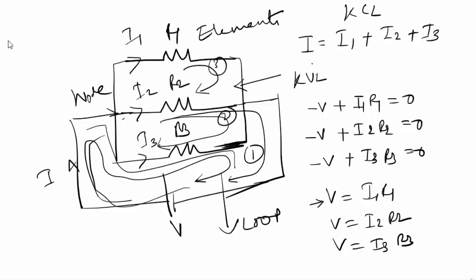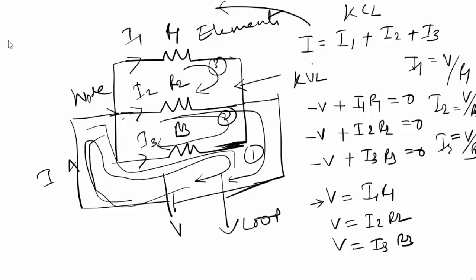I can put my I1 as V by R1, my I2 as V by R2, and my I3 as V upon R3. When I put that in the equation, my I is equal to V upon R equivalent.